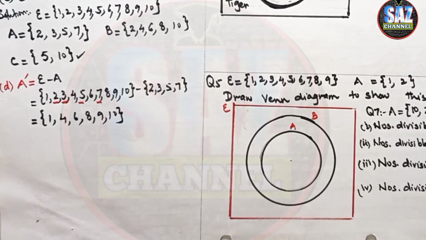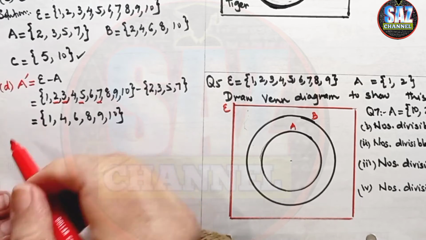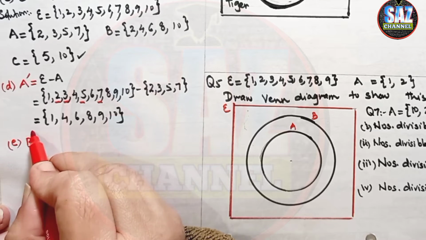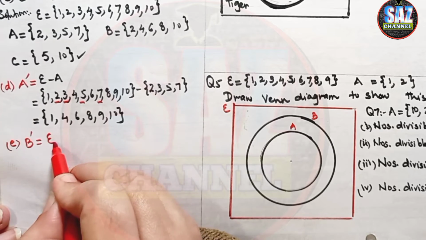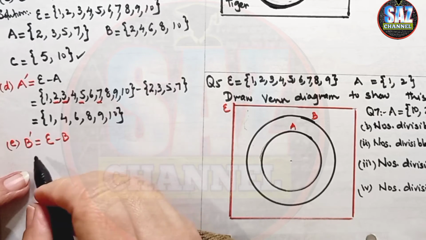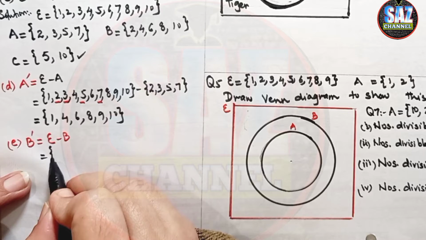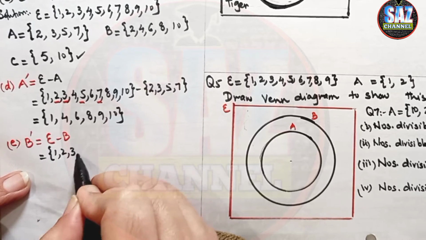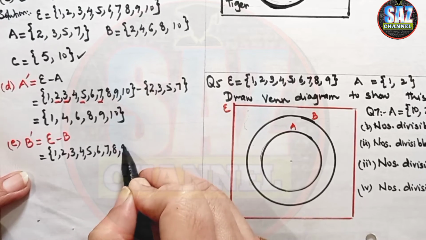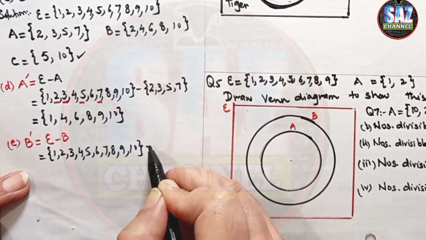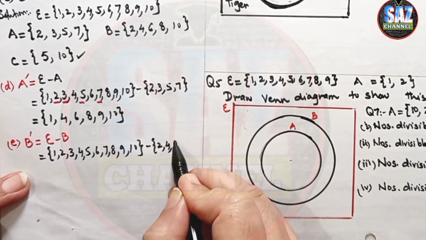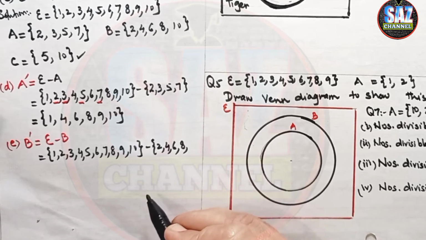Very easy questions. Let me move to the next part, that is B complement. So B complement, the definition and the formula is universal minus B. Now what I have to do quickly is write the elements of universal here, that is 1, 2, 3, 4, 5, 6, 7, 8, 9, and 10. And set B is the set of even numbers, so 2, 4, 6, 8, and 10.